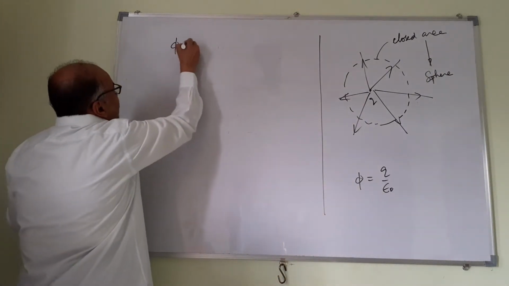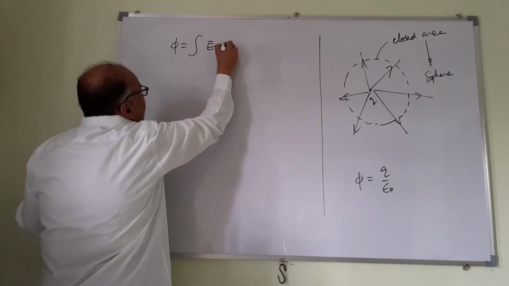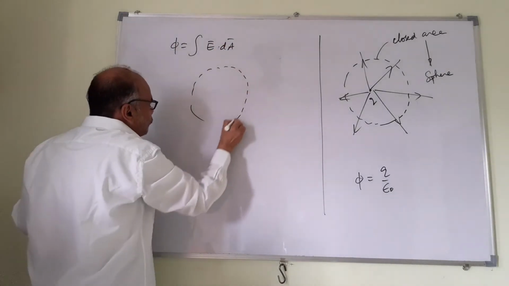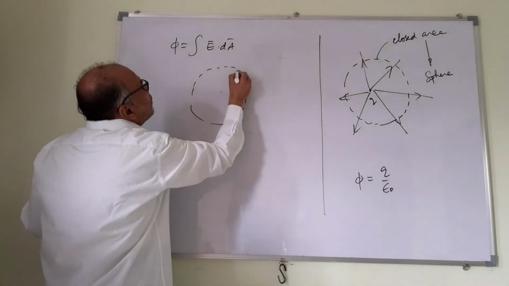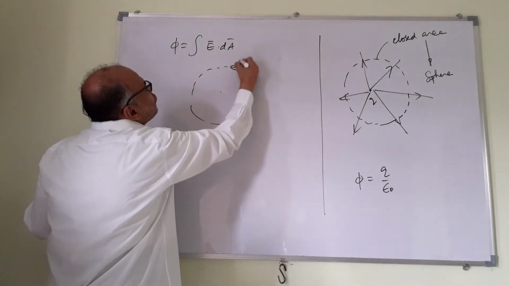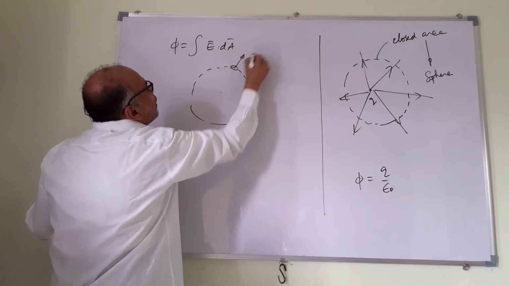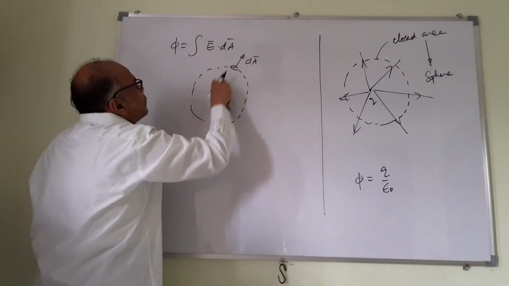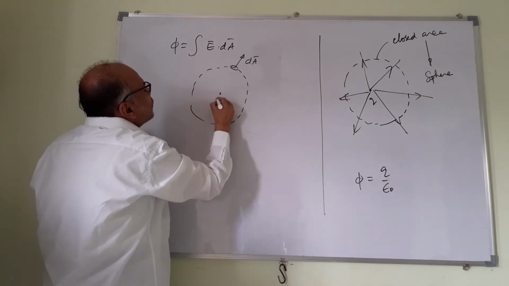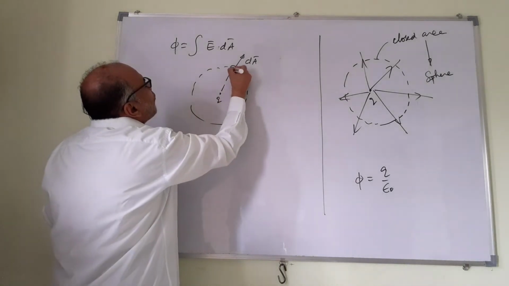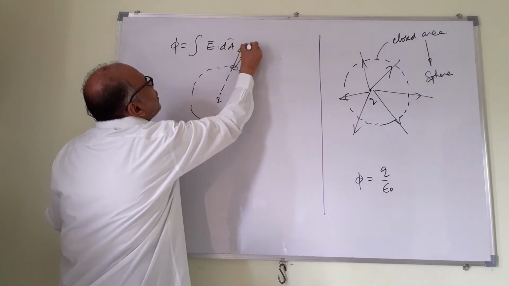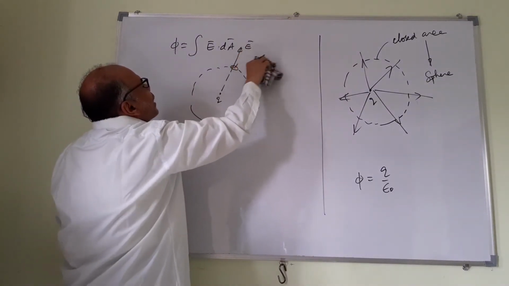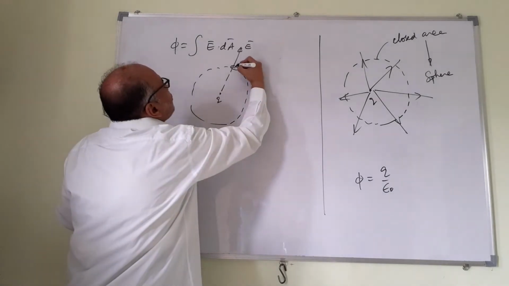The flux phi is integral E dot dA. Now you have got a sphere here, and at this point I will choose the area dA. At this point, the electric field E, there is a charge Q here, E and dA are in the same direction. In fact, the two vectors are coinciding with each other.